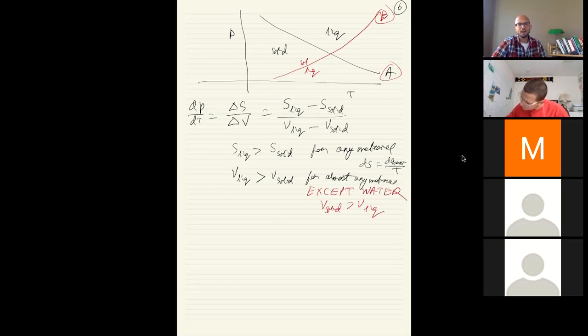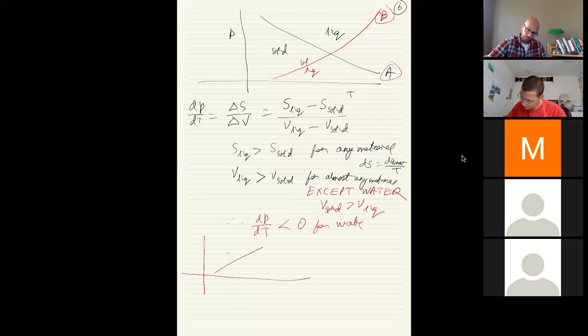The density of ice is lower than the density of water. Therefore, dP by dT is negative for water. Almost any other material will have a solid liquid curve that looks like this, but for water, the solid liquid curve will have a negative slope.